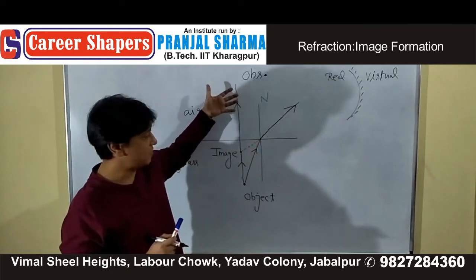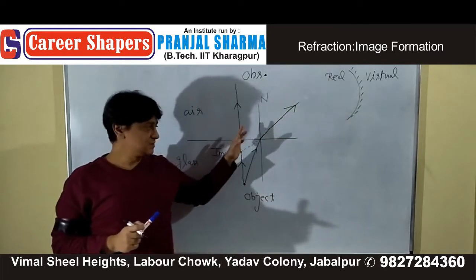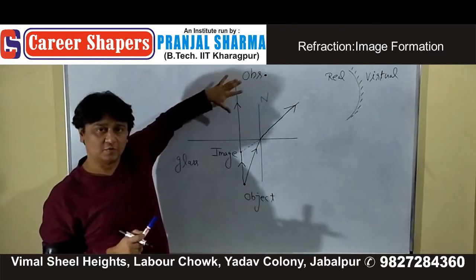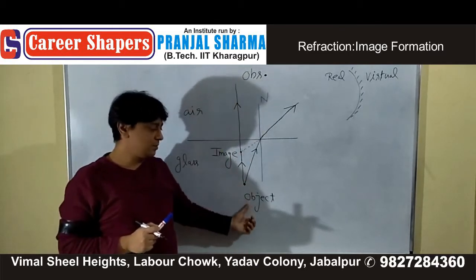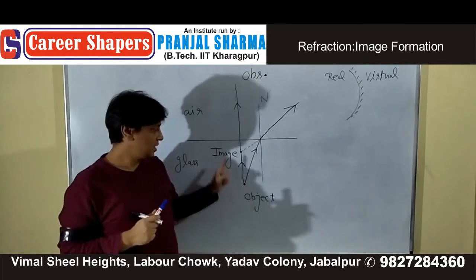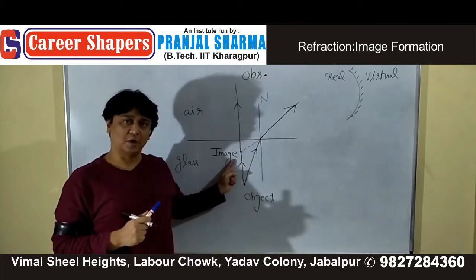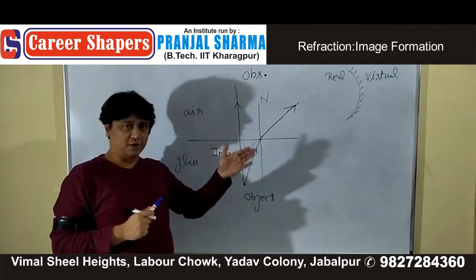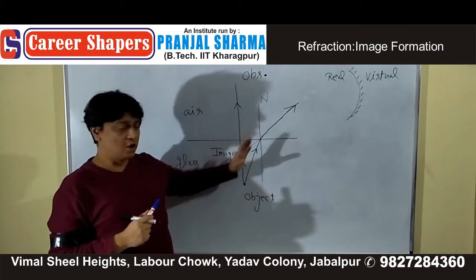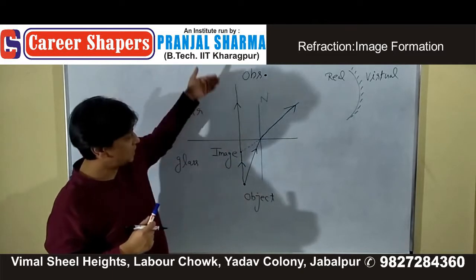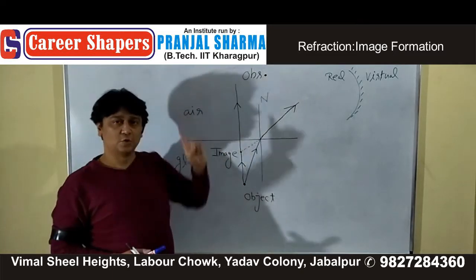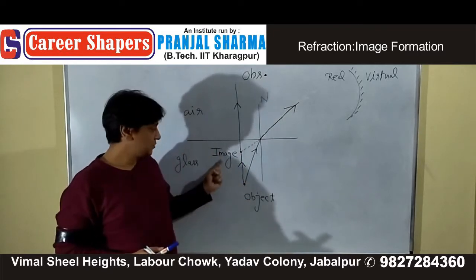Those are refracted rays. What he sees, this image. This observer does not see the object. He can see only one thing, and that one thing is what? Image. It's the person who is drawing the ray diagram who knows about what an object is, what an image is. For this observer, there is only one thing, this image.